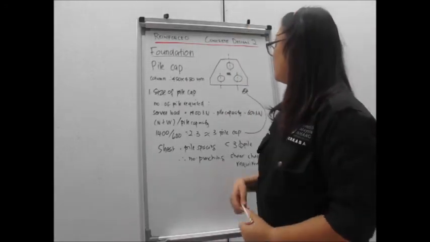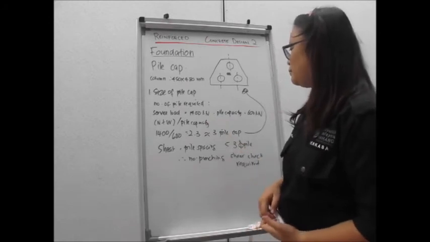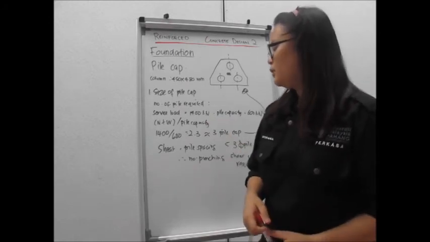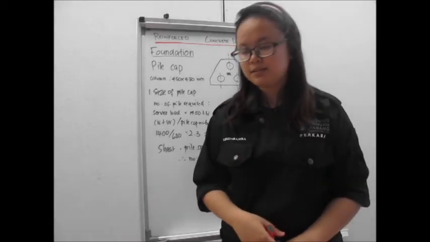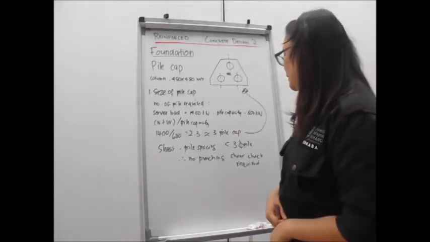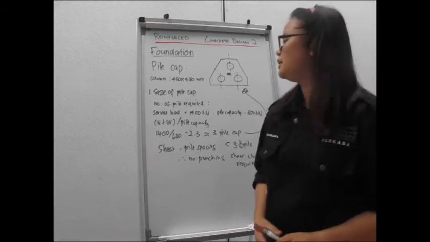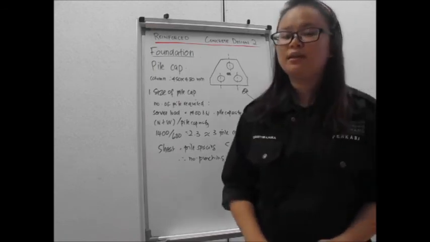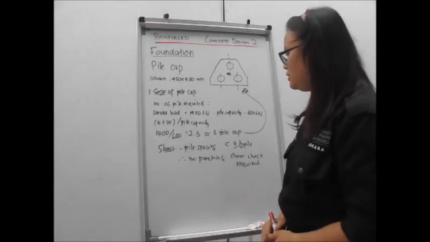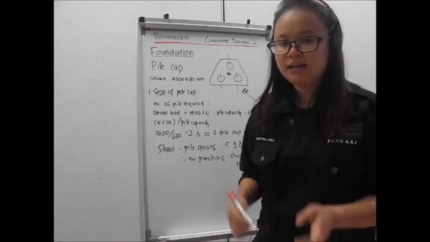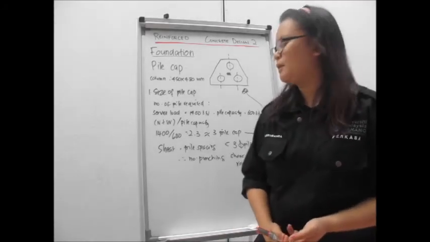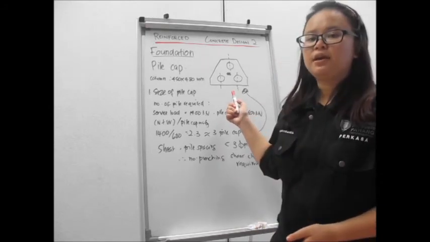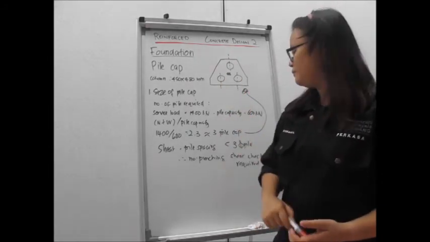For the number of piles required, we divide the service load by the pile capacity. The pile capacity is 600 kilonewton and the service load is 1,400 kilonewton. After dividing, we get 2.3, so approximately 3 piles.